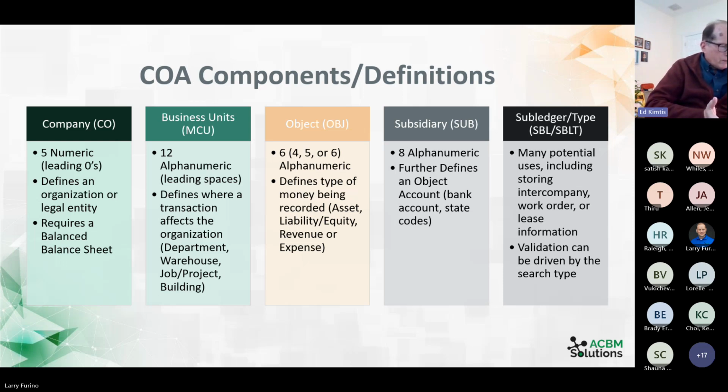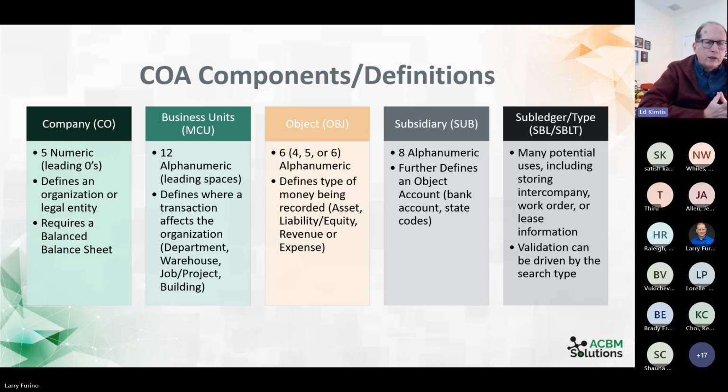The object is where the money is. History tells us that we run into people that have 4 positions, and that's usually indication of a system that was formed long ago. Time has told us that a 5-position object account is usually the optimal choice.